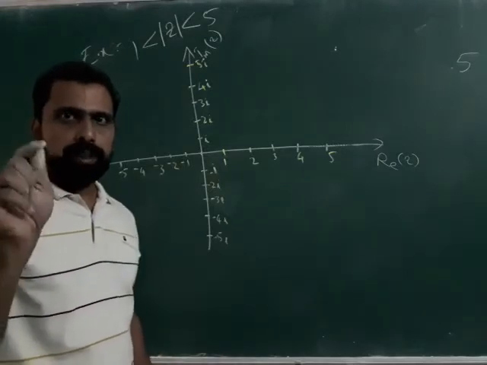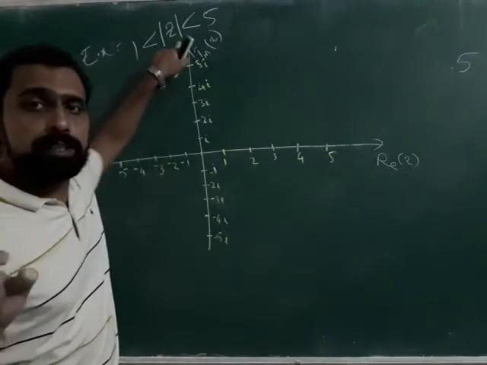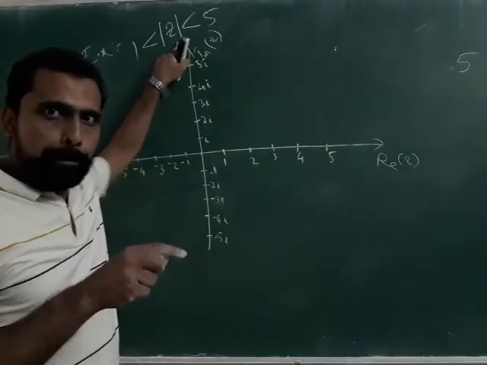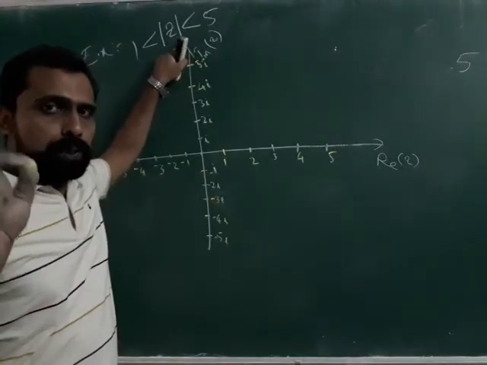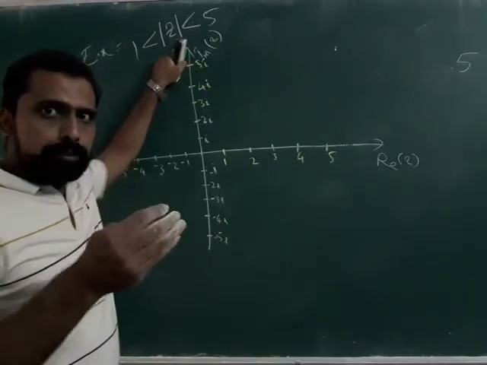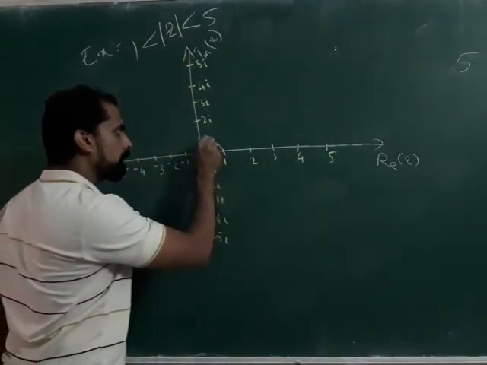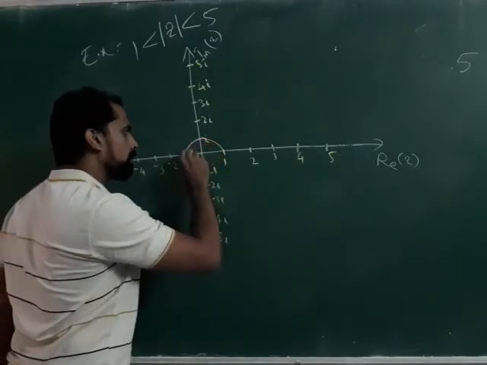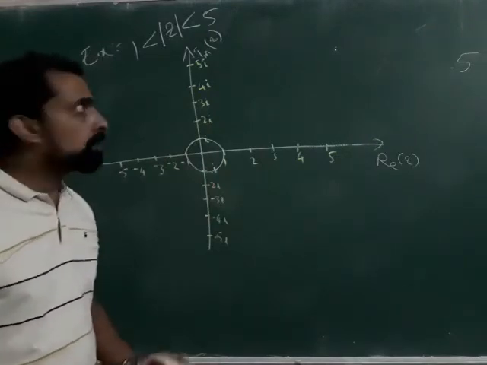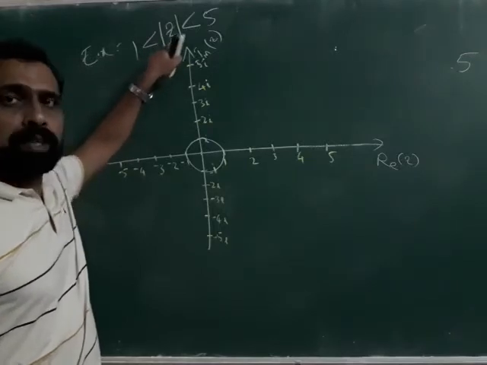Now, what do you have to look at? You exclude all the points where mod z is equal to 1, so you just make a circle like this, and all the points included are above 1 and below 5.